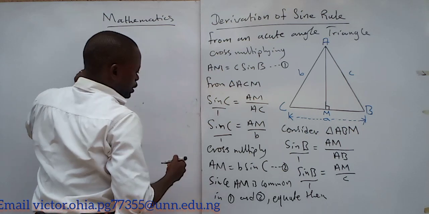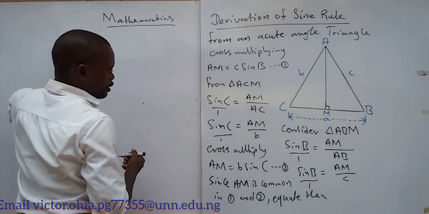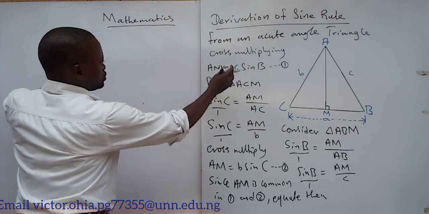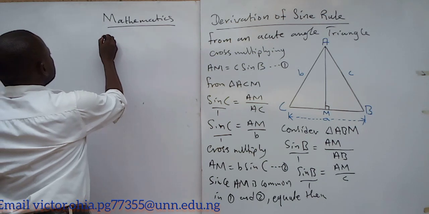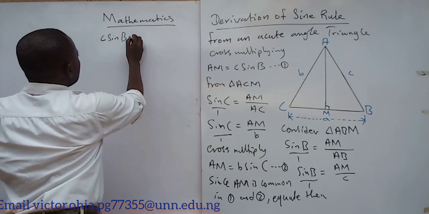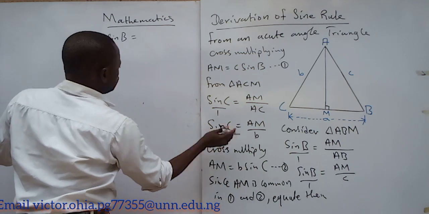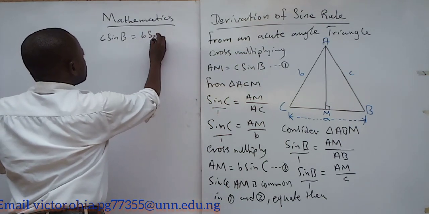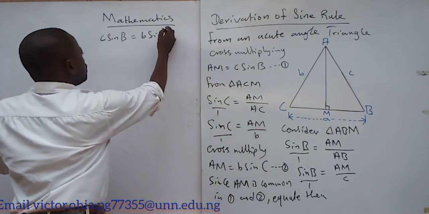In equating them, we will have C sine capital B equals B sine capital C.